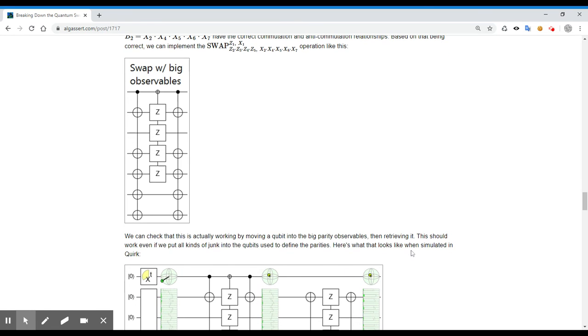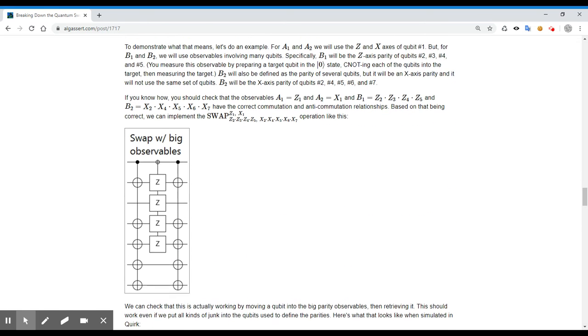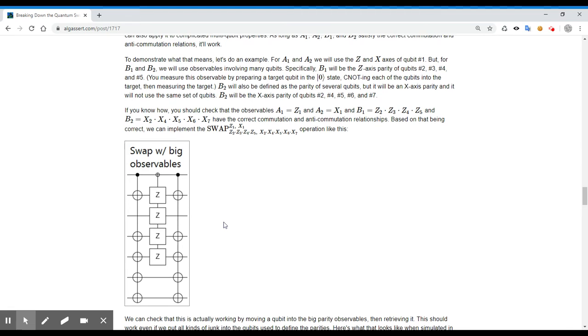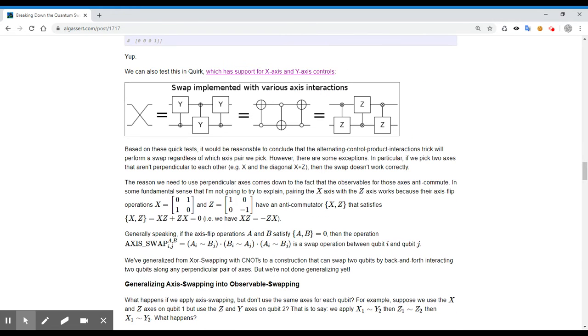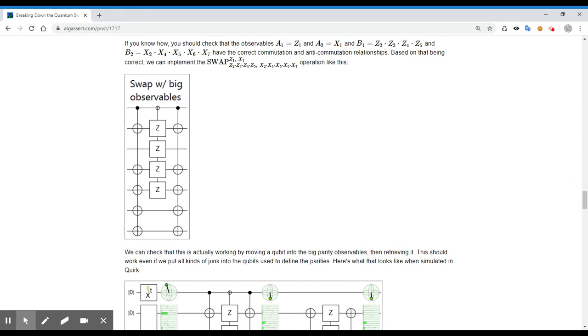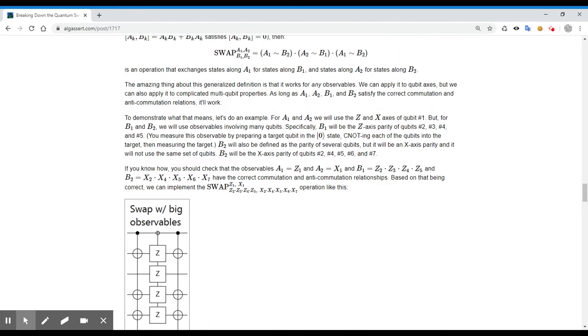Here's what that looks like when simulated in Quirk. So wait a second, what have we got here? The swap operation, then it's like this. So the thing here is, instead of just having the Y, you're having like... Wait a second, that's confusing.